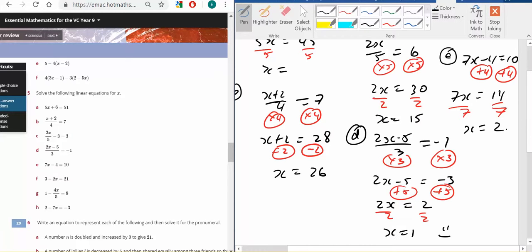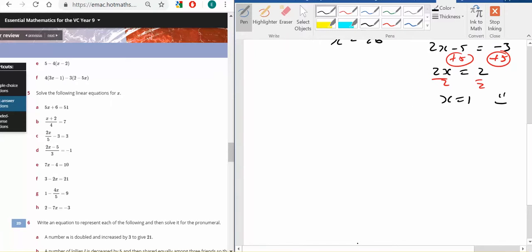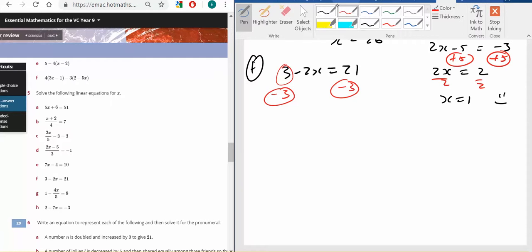F, keep going. F, 3 minus 2x equals 21. I need to get rid of the 3 first, okay? Because there's a 3 hanging here. And please don't magically remove the negative. That goes away, so you're left with negative 2x equals.